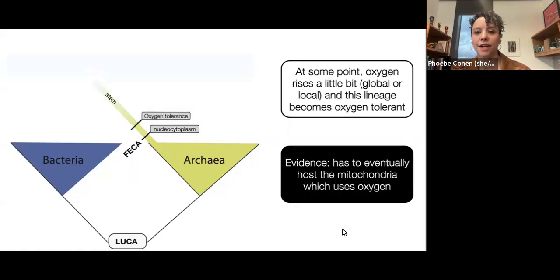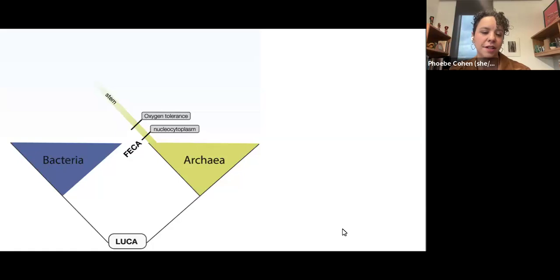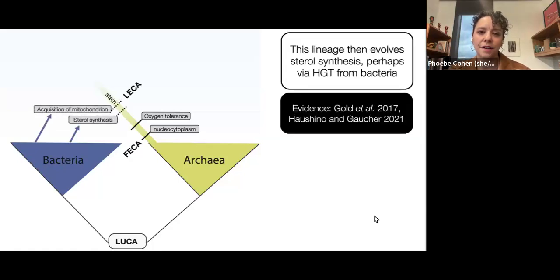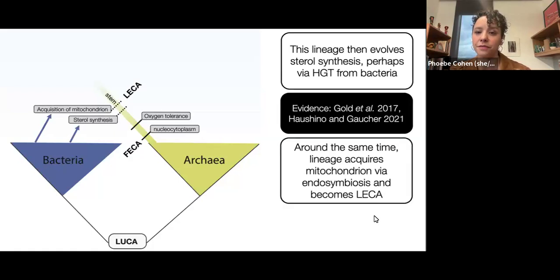Okay, so at some point, oxygen rises a little bit, either globally or locally, and this lineage becomes oxygen tolerant. That has to happen because the crown group eukaryotic clade eventually has to host the mitochondrion, which uses oxygen and is thus itself oxygen tolerant. And we know that this lineage then evolves sterol synthesis, probably from horizontal gene transfer from bacteria.